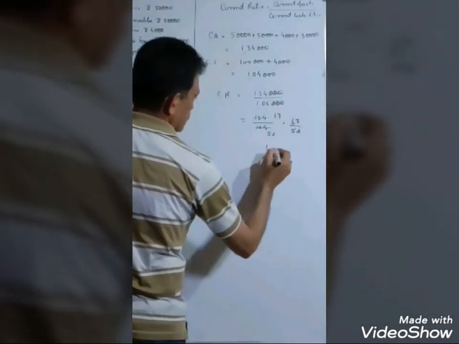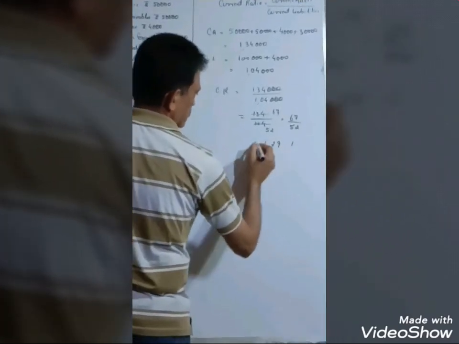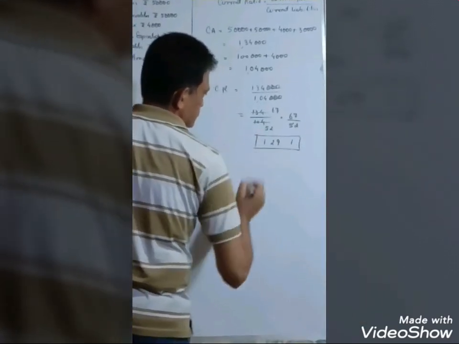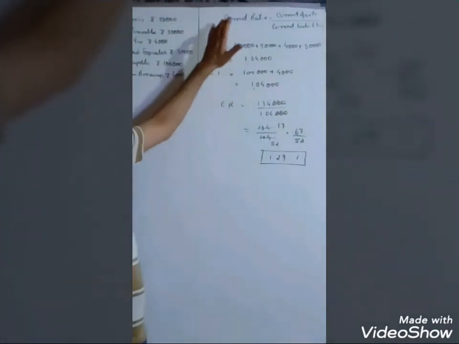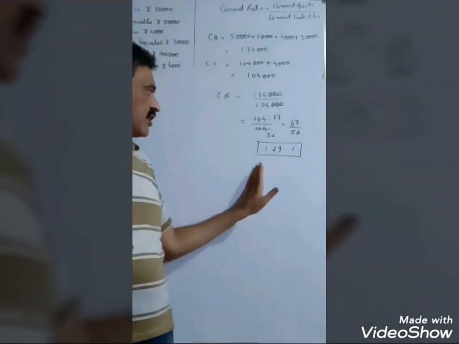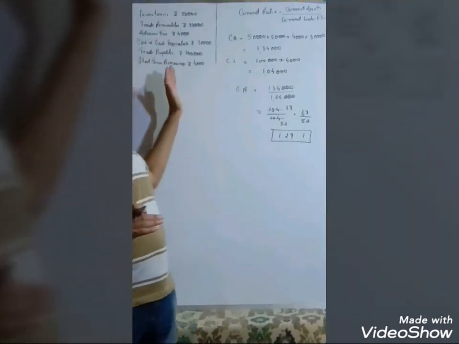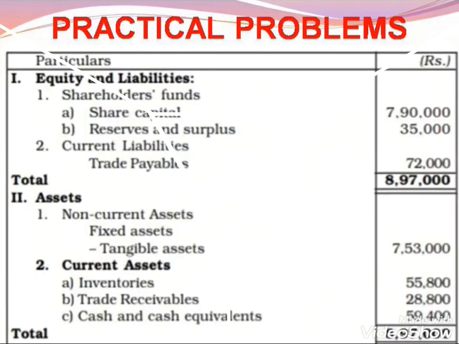Now we will further divide this, so we will get 1.29 ratio 1. This will be your answer. The standard ratio for current ratio is 2:1, but we have arrived at a current ratio of 1.29:1.